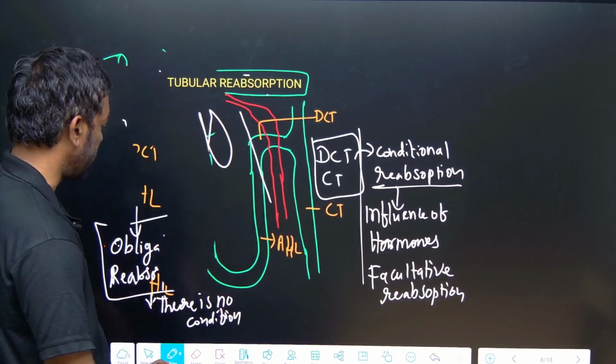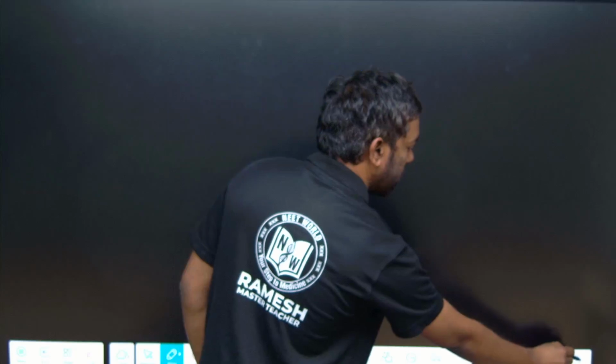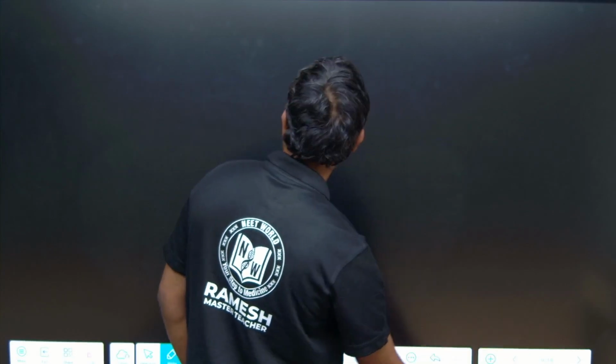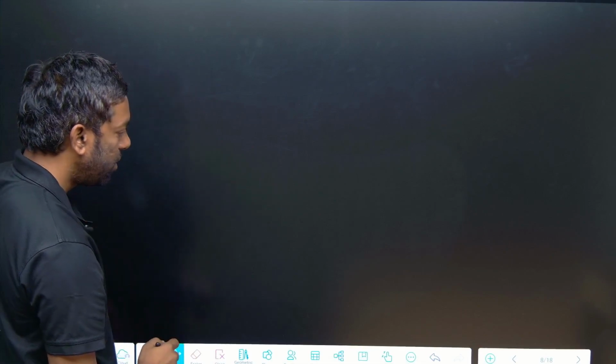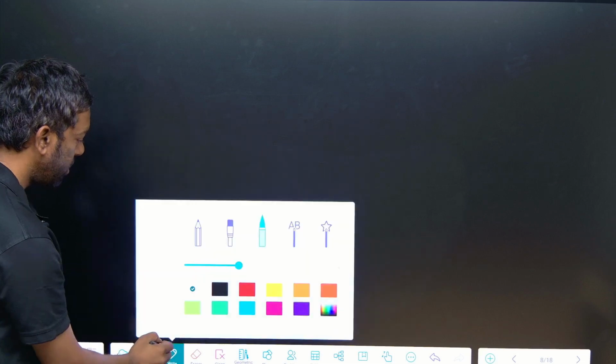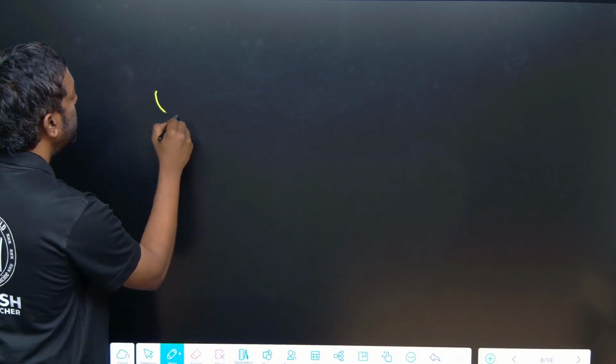We are going to discuss the PCT part, what is going to happen. This is the Bowman's capsule.